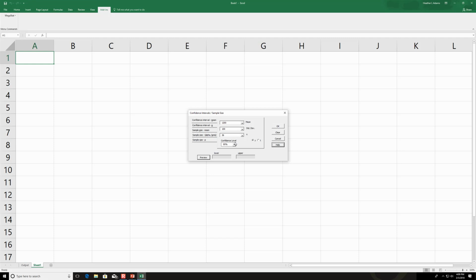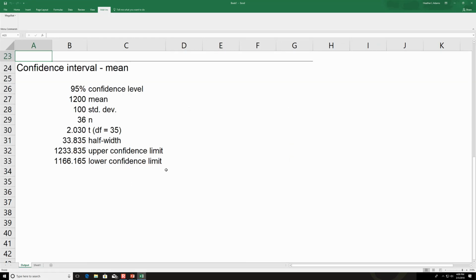Okay, confidence level 95%, t-distribution. Okay, so I can be 95% confident that my population mean falls between $1,166 and $1,233.80.